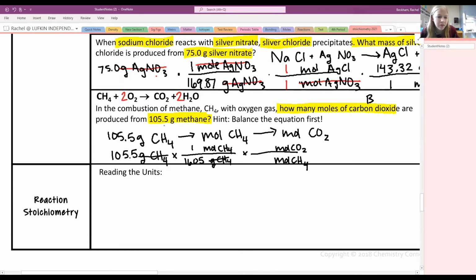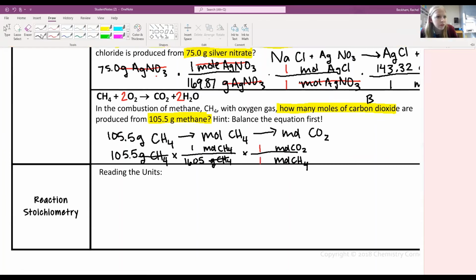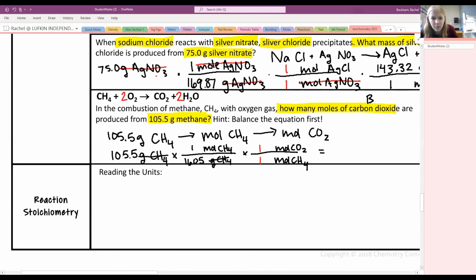Now I've balanced my formula, so now I have moles and moles. How many moles of CO2 do I have? 1. And how many moles of CH4? Just 1. So my moles of CH4 will cancel out. Now I just need to calculate.